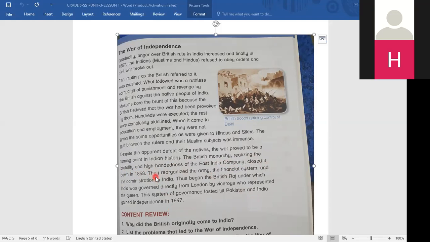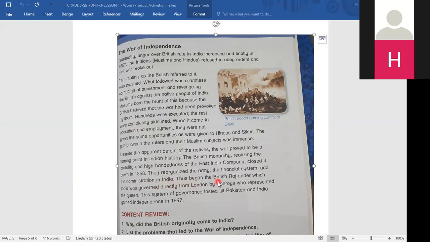They reorganize. Reorganize means to reorganize the army, the financial system, and the administration in India.